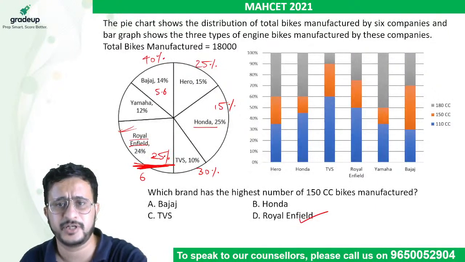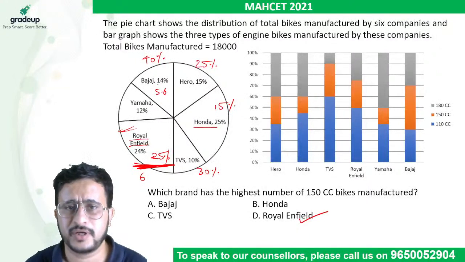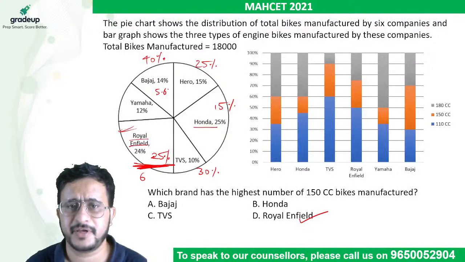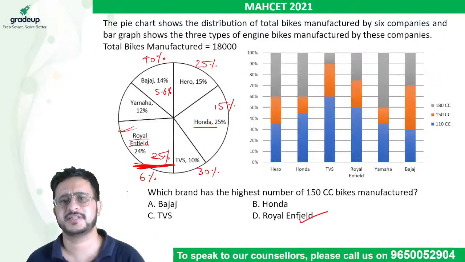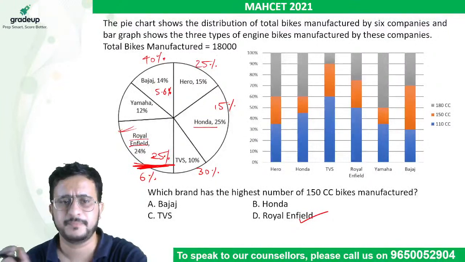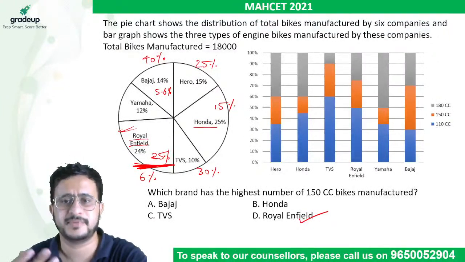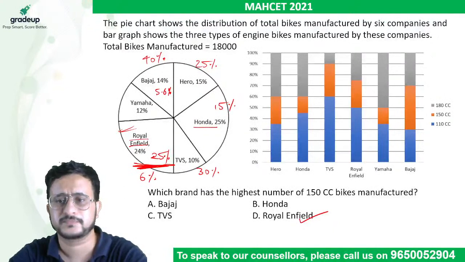Although Bajaj has 40% in this, but their bikes are also less, 14%. So 14% of 40%, that will be 5.6% of total. But this is 24% or 25%, which is 6% of total. Okay, do not calculate the numbers. People calculate the numbers and then they get the answer, and that takes more time to do.